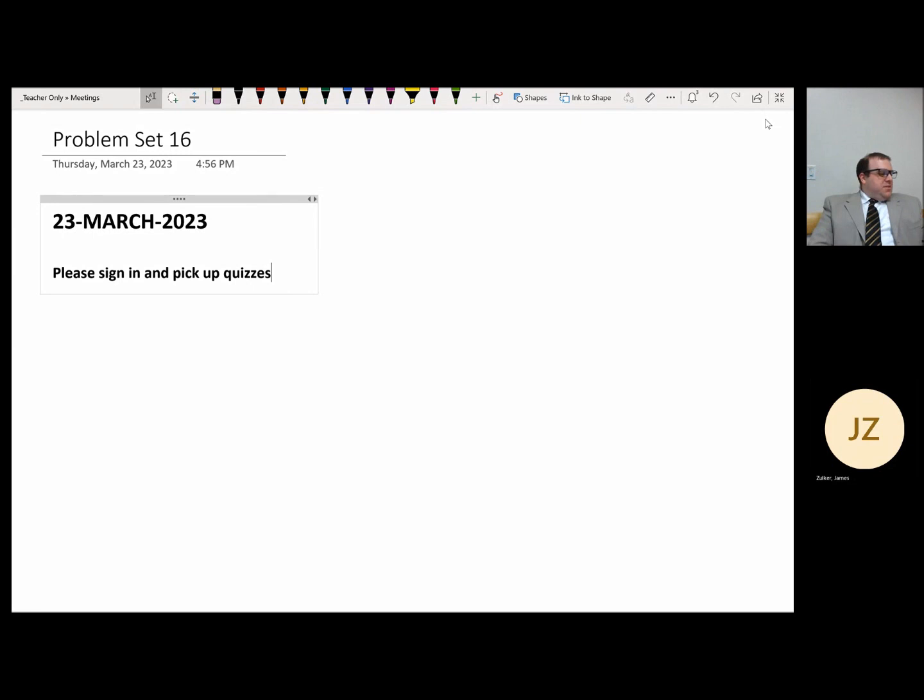We also have sequences that are recursively defined. The most famous recursively defined sequence is the Fibonacci sequence, where you have 1, 1, and then each term in the sequence is the sum of the previous two.